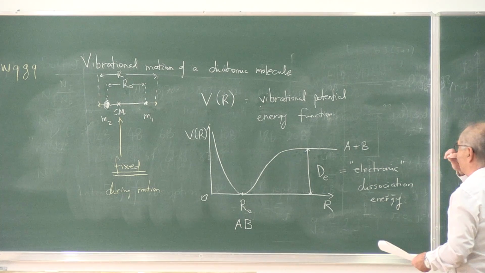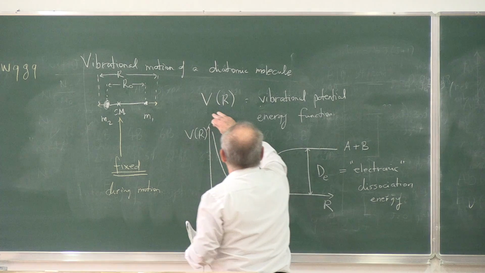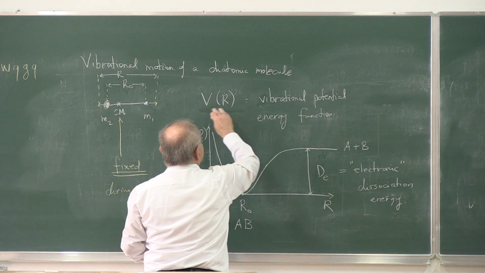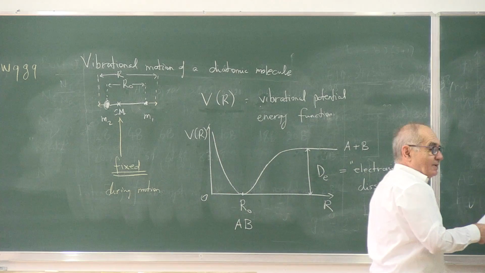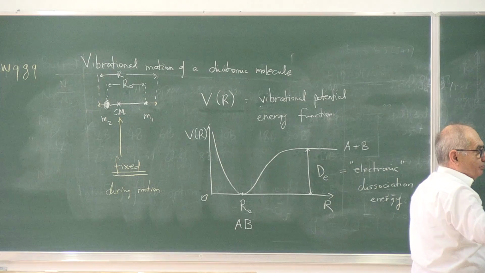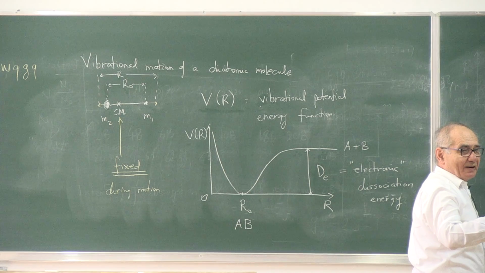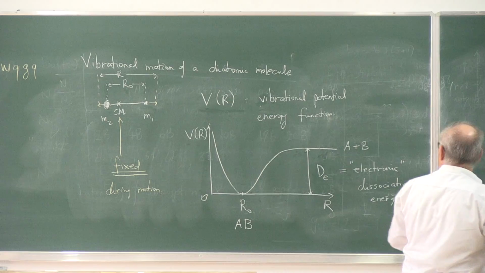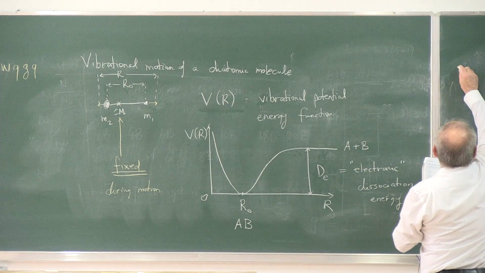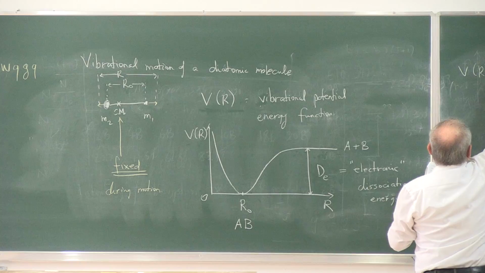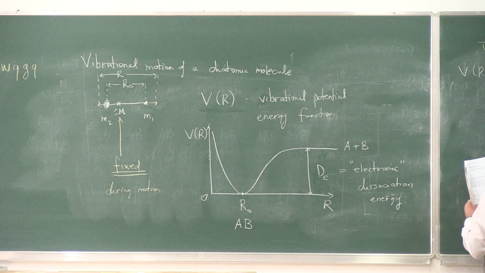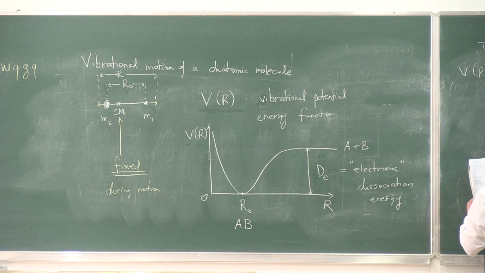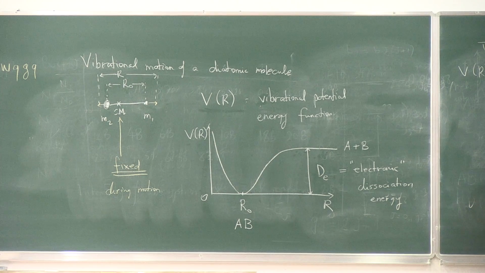Now, to proceed further, we take this expression and consider its Taylor series around the equilibrium point. So we can write the Taylor expansion about R equals R0.